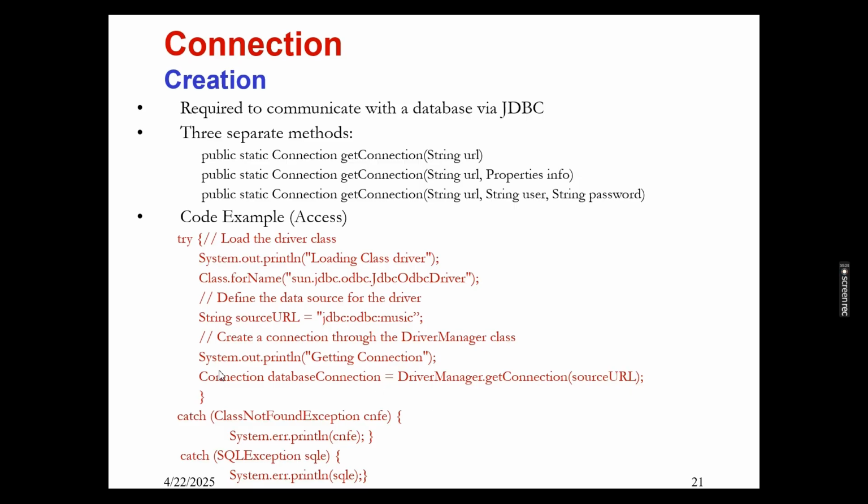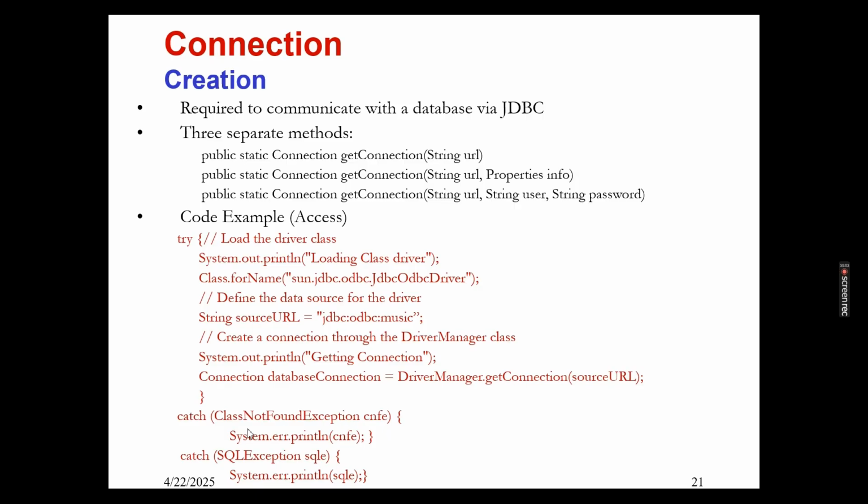And this code raises two types of exceptions. One is ClassNotFoundException and another one is SQLException. SQLException is raised especially by the connection object, and ClassNotFoundException is raised by the Class.forName method. If you don't want to mention the particular individual exceptions, you can mention only the base class Exception and handle it.